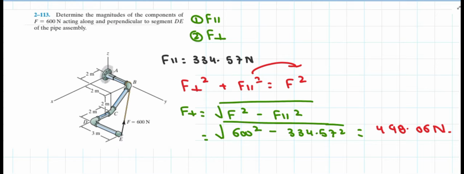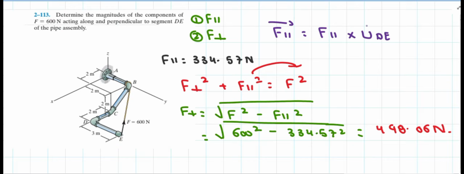I assign you the homework. We found the parallel component of force F and the perpendicular component of force F in magnitude form, but we don't know their vectorial form. So this is your homework: to find the vectorial form. But how? We know that the vectorial form of the parallel component, F parallel, is equal to the magnitude of force F times the unit vector of the DE segment.